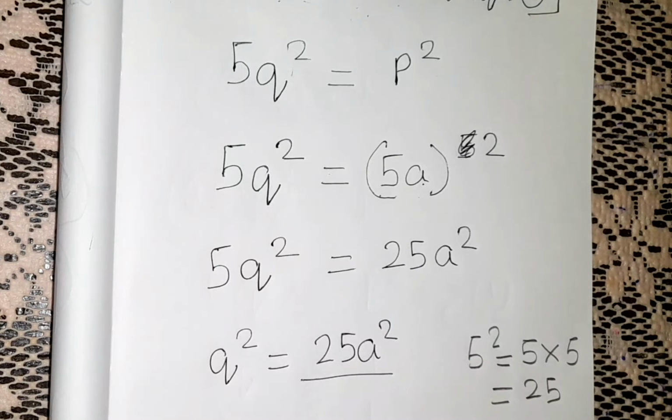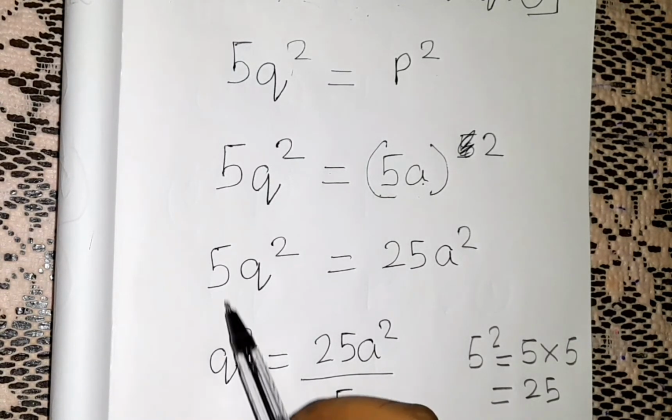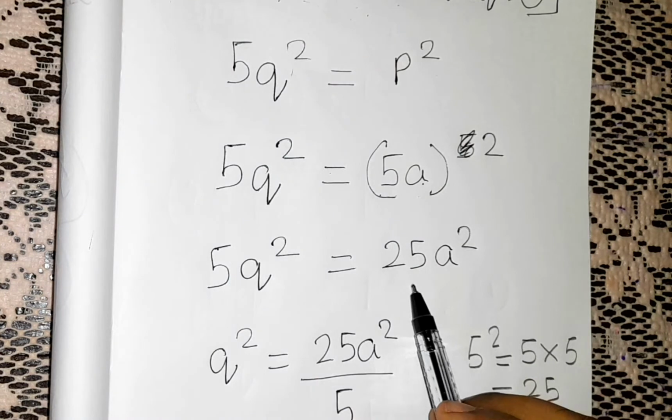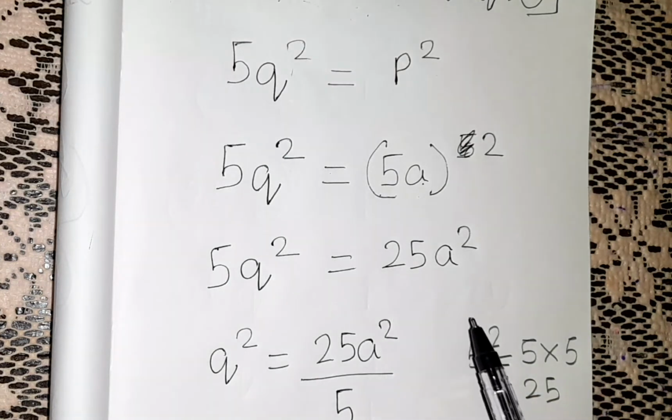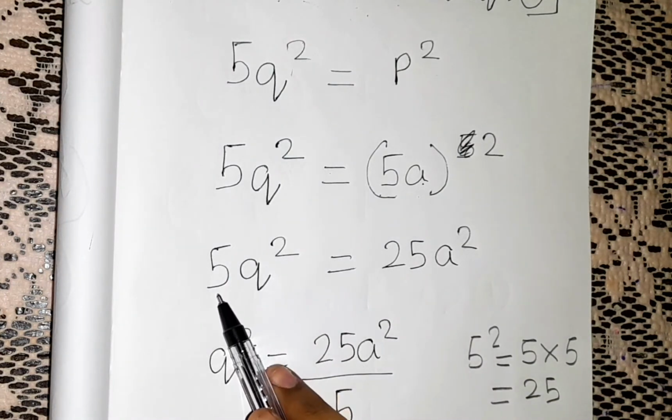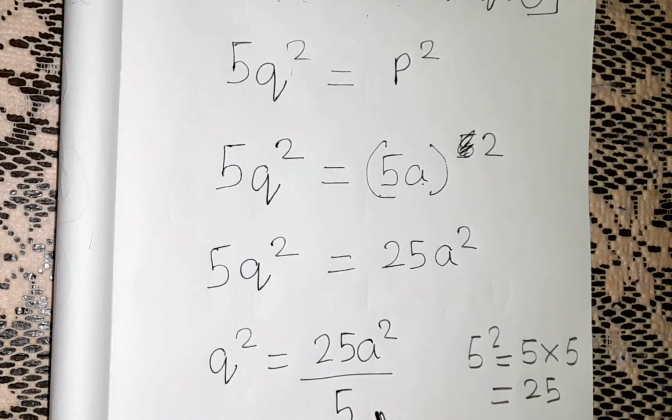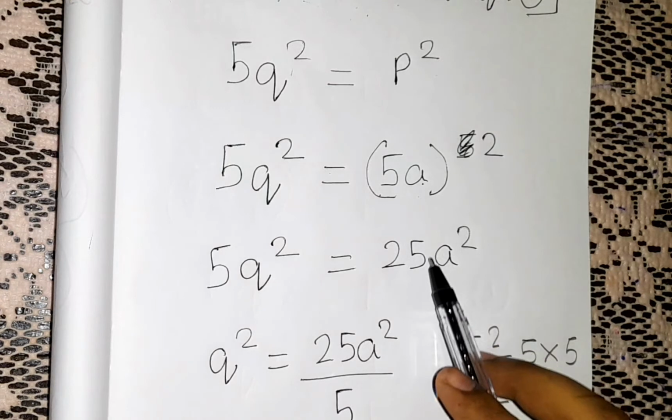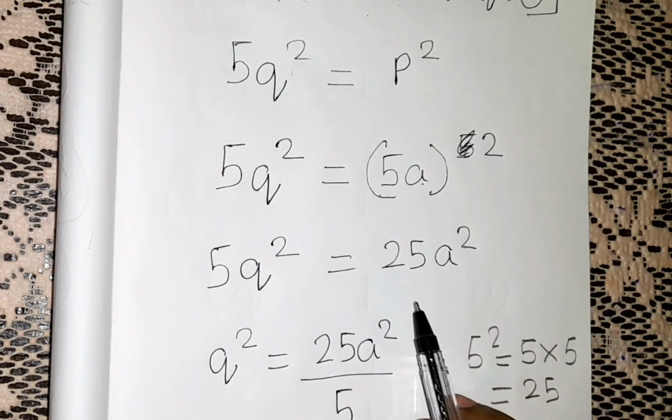So here we are going to divide by 5. You guys might ask, why are we dividing it? That's because when this 5 comes this side, it becomes division. Here it is in the multiplication form, so when it crosses the equal to sign, this bridge, it becomes division.